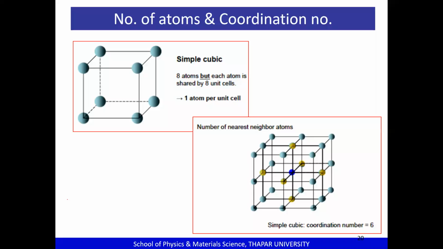Now, how many nearest neighbors do you have in a simple cubic crystal? If you try to answer this by looking at the topmost image, it will become complicated. So to describe the number of nearest neighbors, instead of using the topmost image, we will use the bottom right corner image.